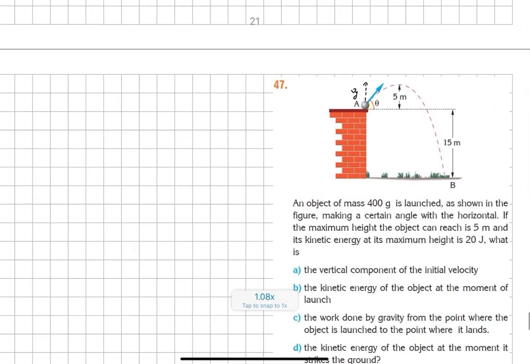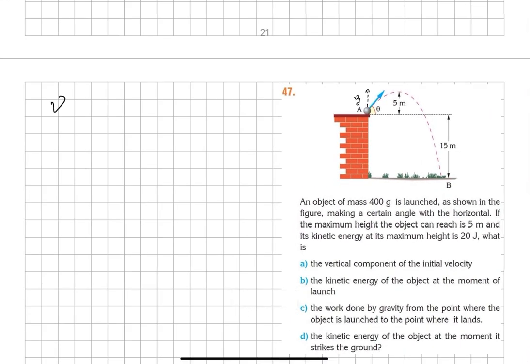Velocity final squared is equal to velocity initial squared plus 2as, and for one-dimensional motion it will be velocity final y squared equals velocity initial y squared plus 2gh.